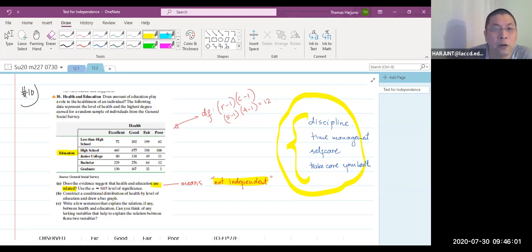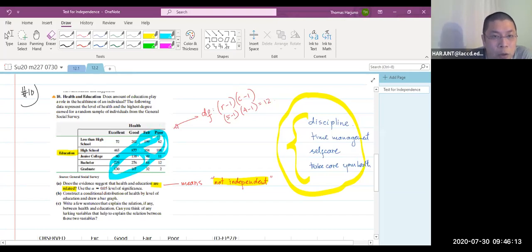So we have more in this section and more in this section. With less than high school, you tend to have fair or poor health, and you tend to have excellent or good health when you have a bachelor's or graduate degree.